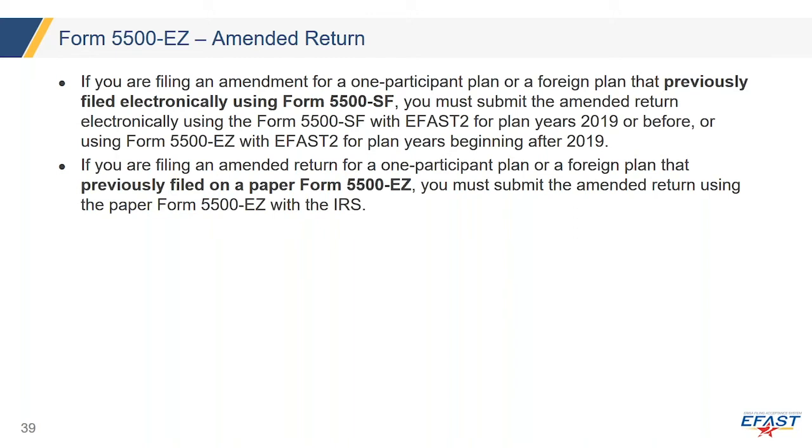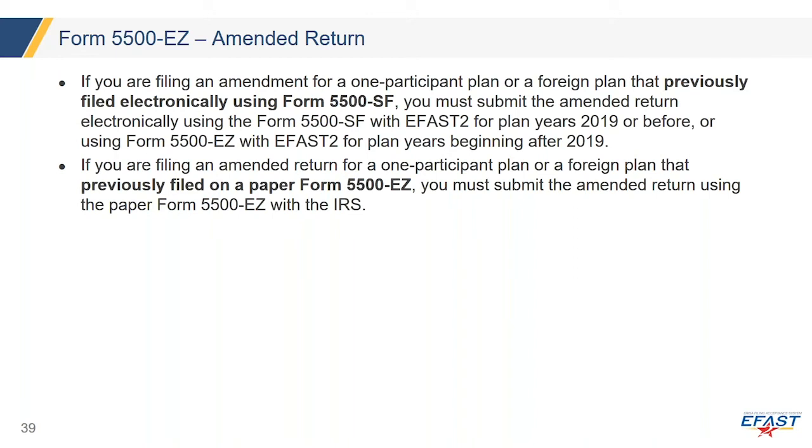So if you filed before 2020 and filed the 5500-SF electronically instead of the 5500-EZ, your amended return must be filed electronically using the 5500-SF for plan years before 2020.